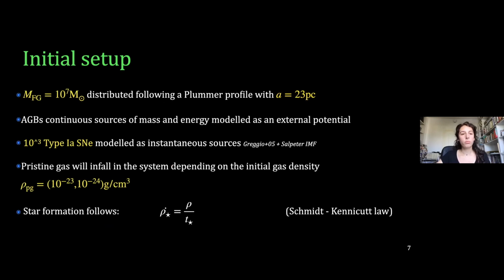Just to give some numbers, we are modeling a globular cluster that is quite massive, with a first generation that has a mass of 10^7 solar masses. In the time span we are interested in, around 100 megayears, around 1,000 type 1a supernovae are exploding, and we tested two different values for the pristine gas density, so the ISM density of the galaxy.